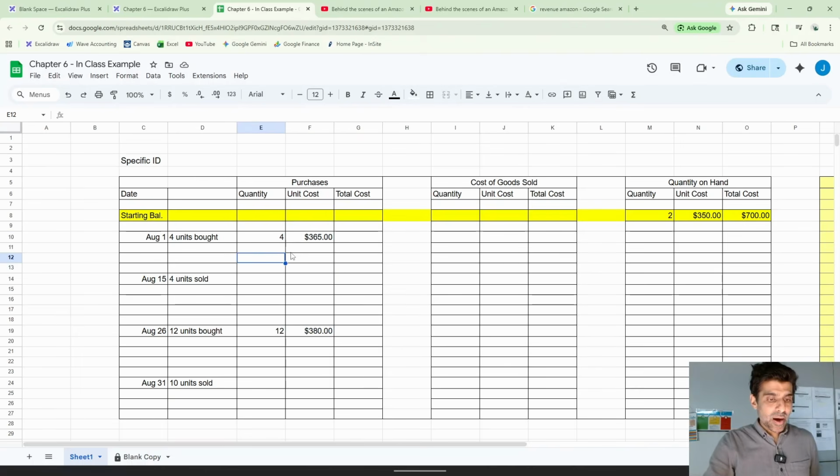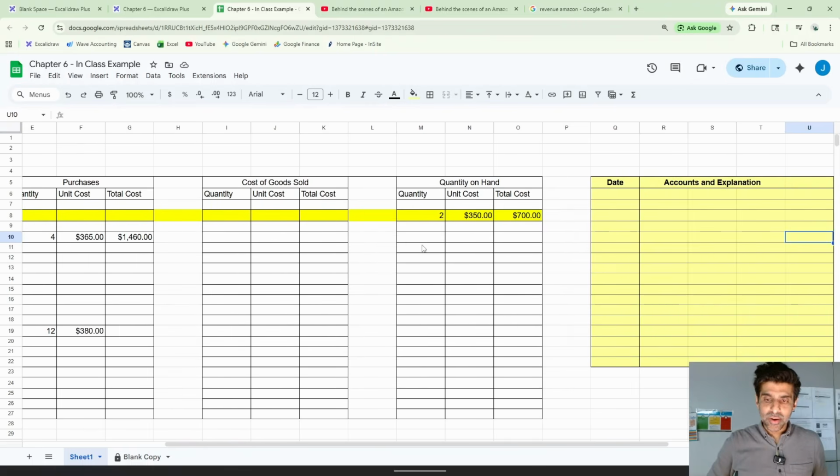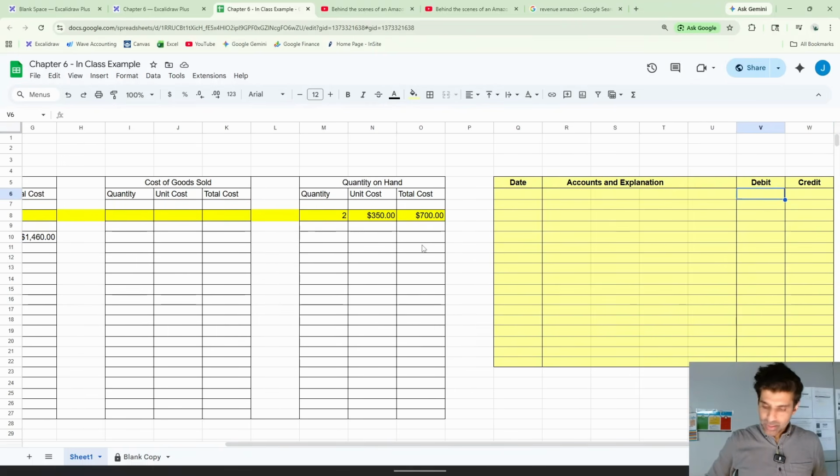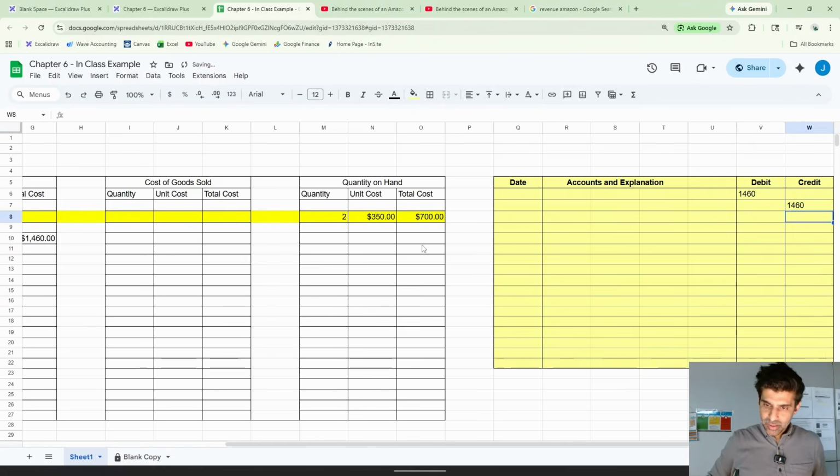Okay, so you bought 4 units, so the total cost is 4 times 365. This is the amount I'm going to put in a journal entry, a purchase transaction. So we're going to debit inventory 14,600 and credit, and we're going to get inventory here.